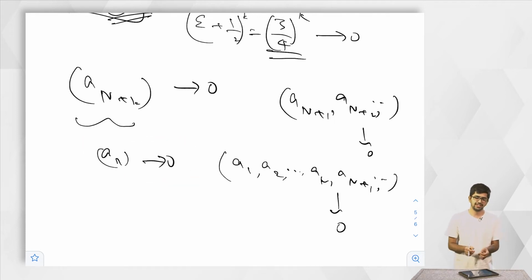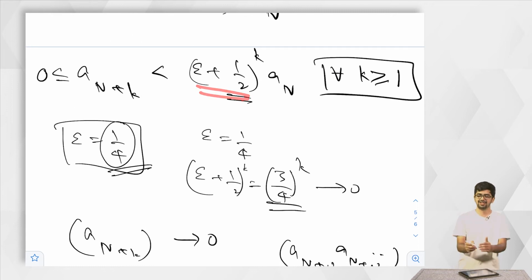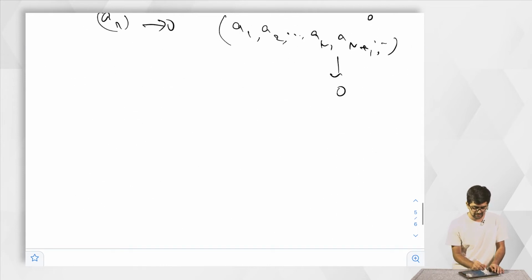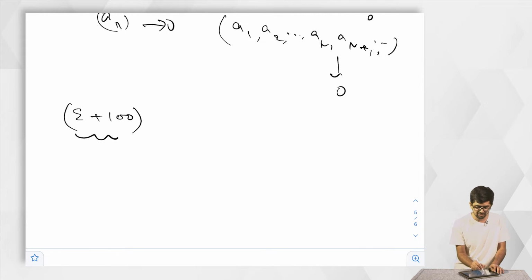So all we have used here is that this element can be made less than 1. This is possible only because this element is less than 1. Suppose it is epsilon plus 100, can we make this less than 1 for any positive epsilon? Not possible. 100 is too much maybe, let us take 10.